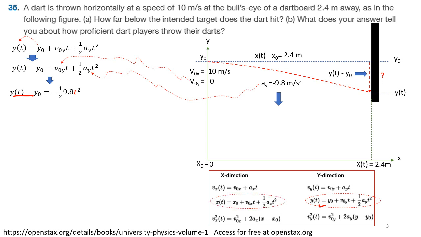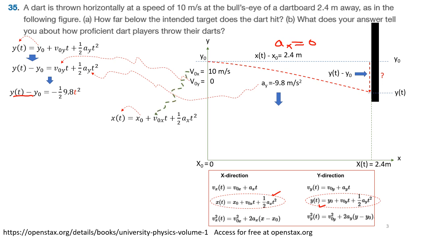You can see that in this equation, x_t is connected with the other quantities like x_0, v_0x, and half a_x t squared. In this motion, the acceleration in the x direction is 0. So let's take x_0 to the left side, so that is x_t minus x_0, which we already know.